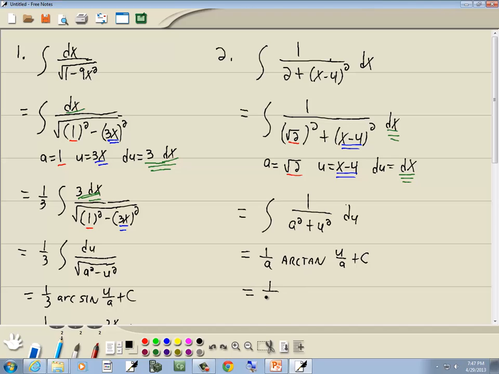Well, a was the square root of 2. So arctangent of u, which is x minus 4, over a, which is the square root of 2, and then plus c. Now I don't know if they actually get rid of the square root downstairs in this particular textbook, but you could multiply the top and bottom of the fraction by the square root of 2 to get rid of it.